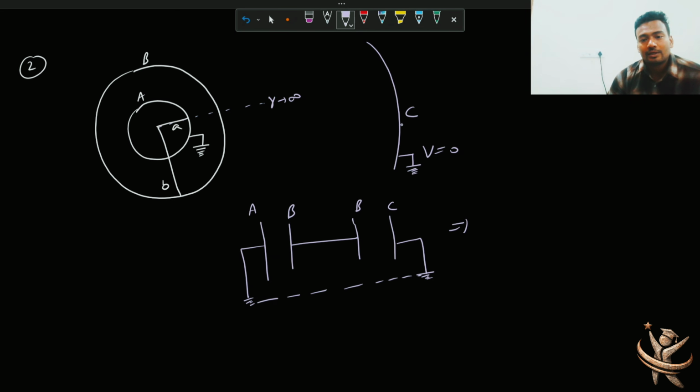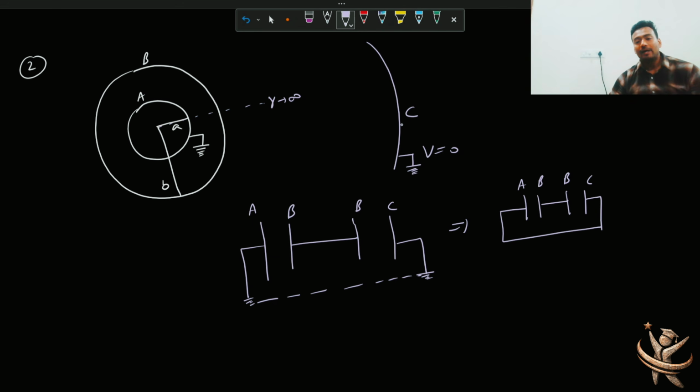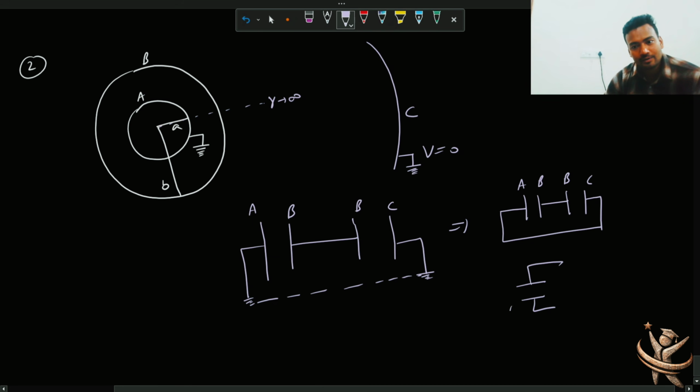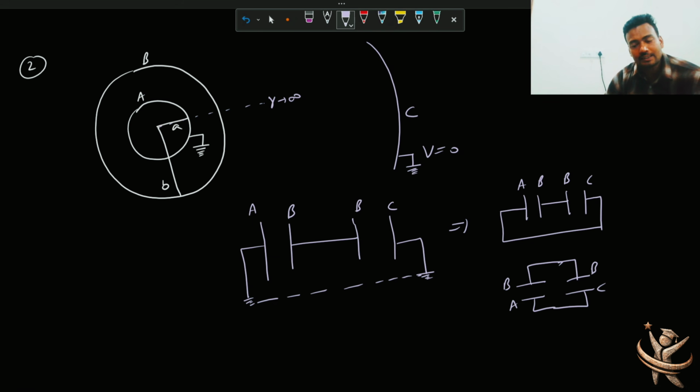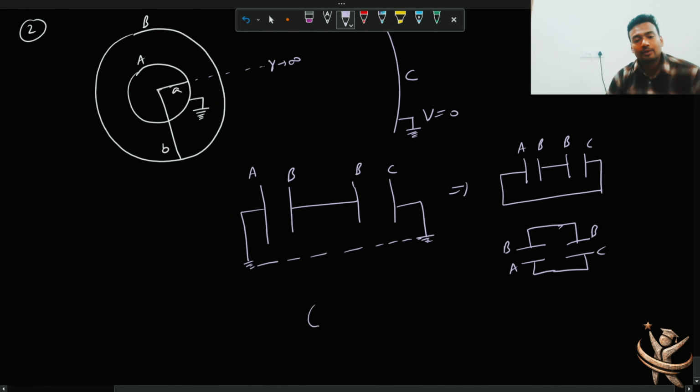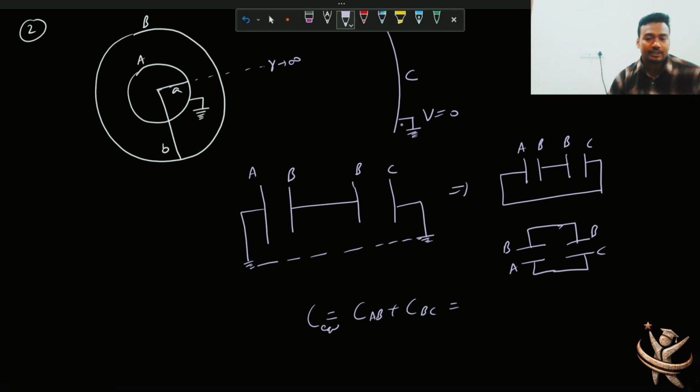So ultimately you have this AB and this BC like this. Now how they are connected, series or parallel? This is a parallel combination. Imagine it like this: A, B and this B, C. So for this particular system, if I find C equivalent, that is C AB plus C BC.